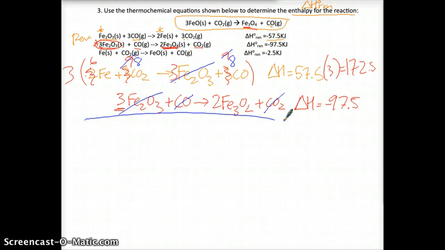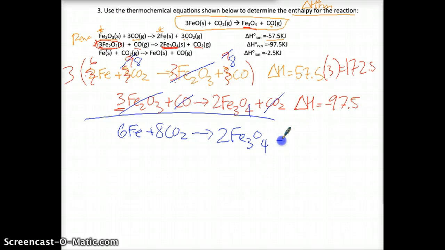So if I rewrote what I'm left with, I'm going to have 6Fe plus 8CO2 produces 2 Fe3O4s plus 8CO. Okay, I'm getting close. Not quite there yet because I've got a bunch of extra carbon dioxides and carbon monoxides. I also have this Fe iron which needs to get canceled.